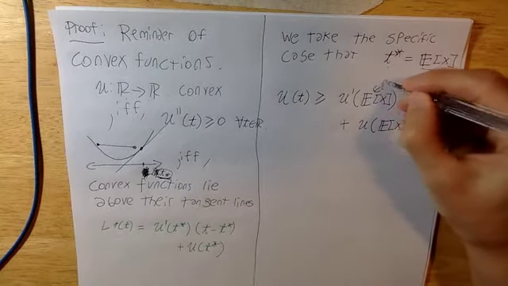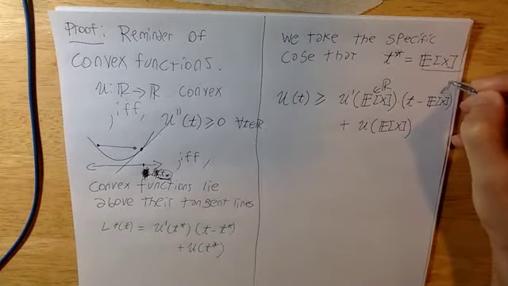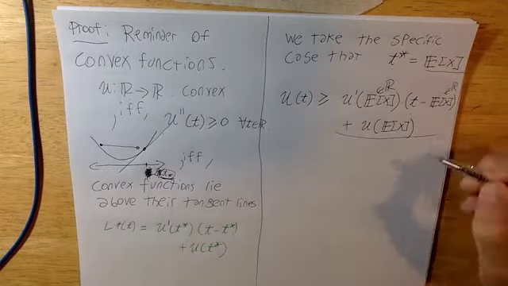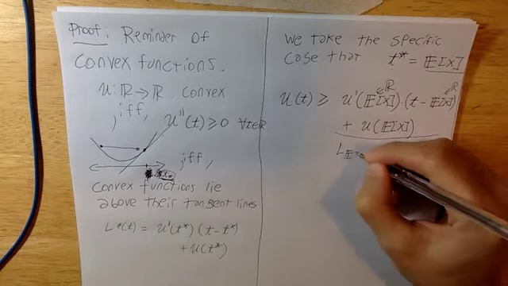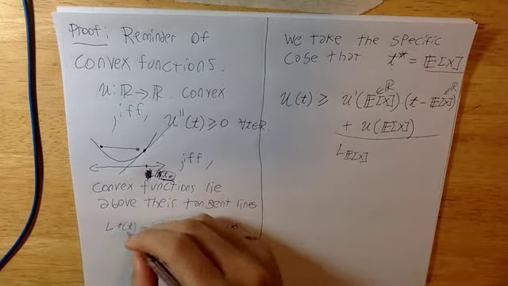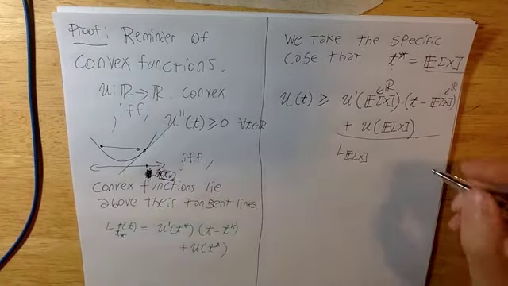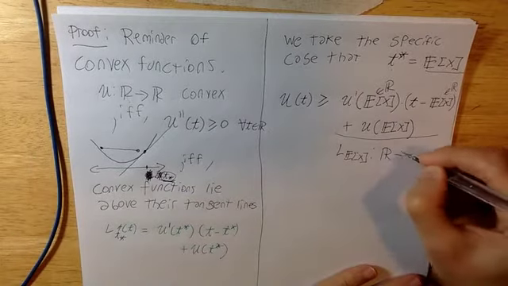Now this is a number, and this guy is a function, this L of E of X. Here this would be L of T star. L of E of X goes from R to R.